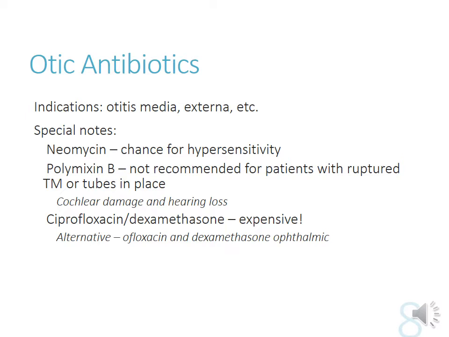So one of the things we'll actually do in clinical practice, and this is much cheaper, and also useful in case you have drug shortages of the otic formulations, is we can actually prescribe ofloxacin and dexamethasone. So ofloxacin otic, and then the dexamethasone ophthalmic, and you can give that via the otic route, and you get basically the same action there. You're just using 2 products instead of 1, and oftentimes it's much cheaper.